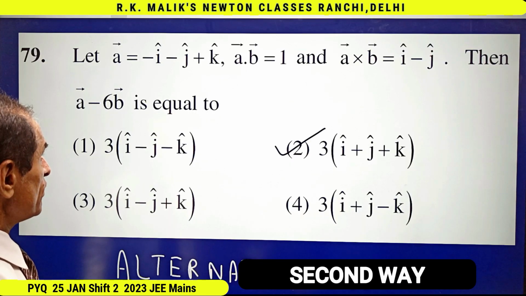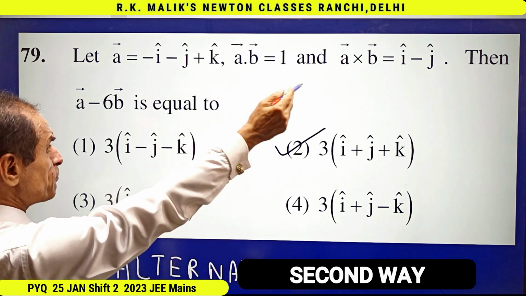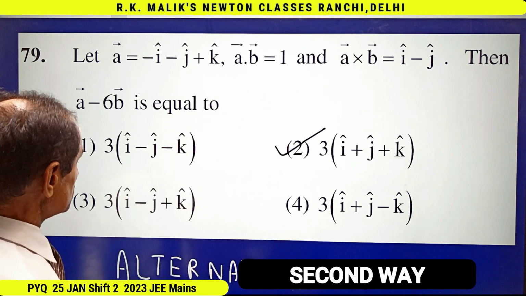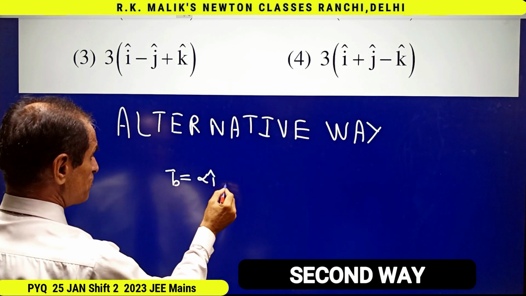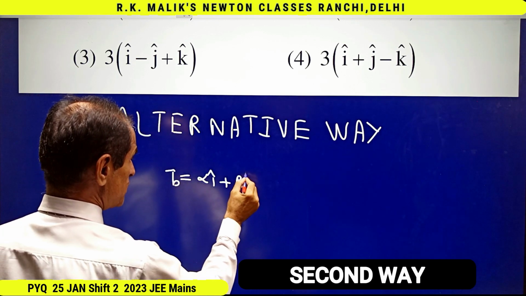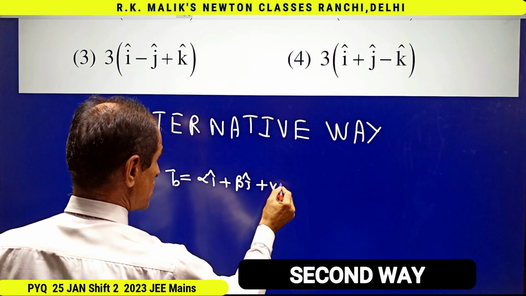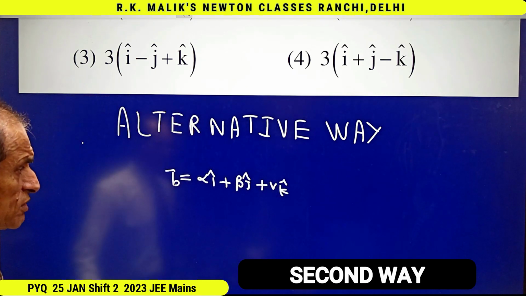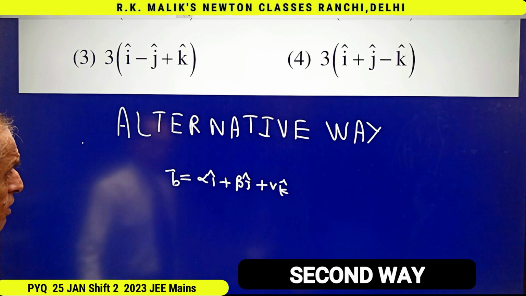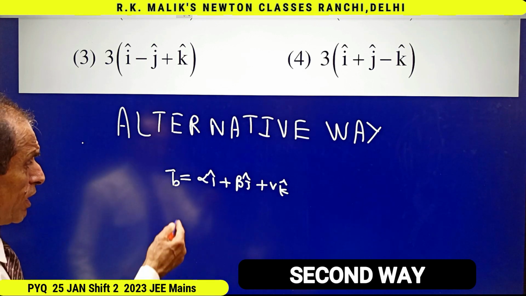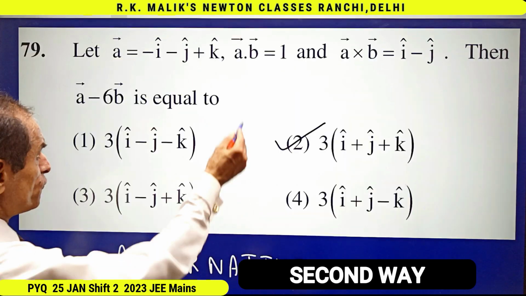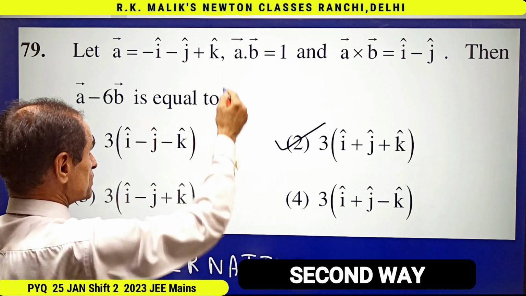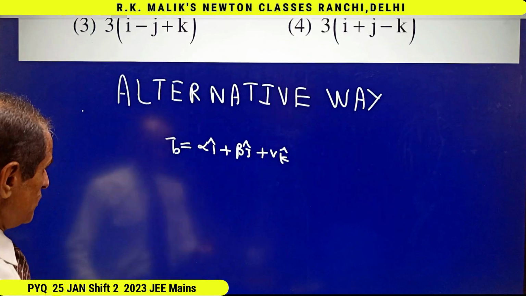And now the second way, to find the value of vector B with the help of three given conditions. Let vector B equal to alpha I plus beta j plus gamma k. Once alpha, beta, gamma are found, I will get the value of vector B. For this, I will require three relations between alpha, beta and gamma. First relation I will get with the help of A dot B equal to 1.